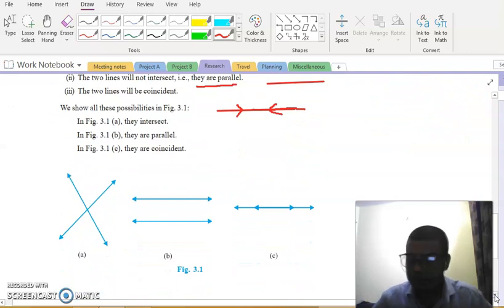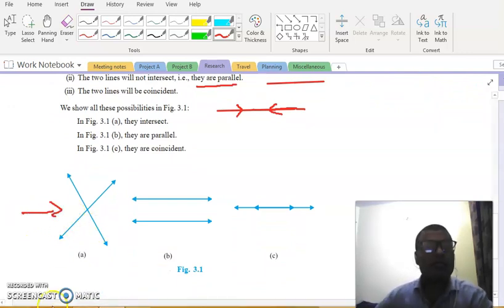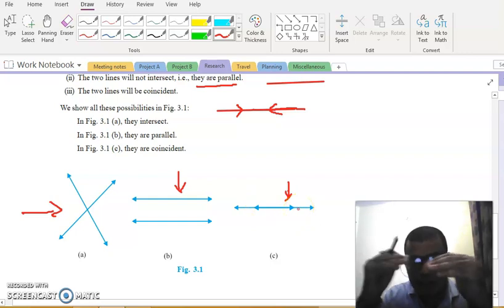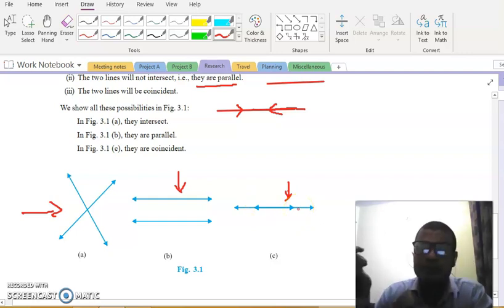This is the intersecting lines, these are the parallel lines, and this is the condition for the coincident lines. You see over here, one line goes that way and another line goes that way, and the lines overlap each other.